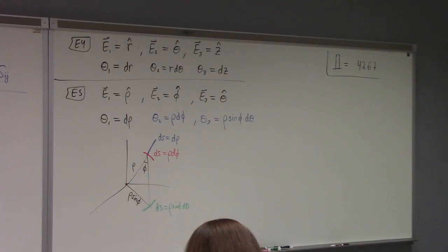So the question I want to ask and answer is, what if we have the vector field F equal to F rho rho hat plus F phi phi hat plus F theta theta hat. So we've got the vector field in the spherical coordinate frame.